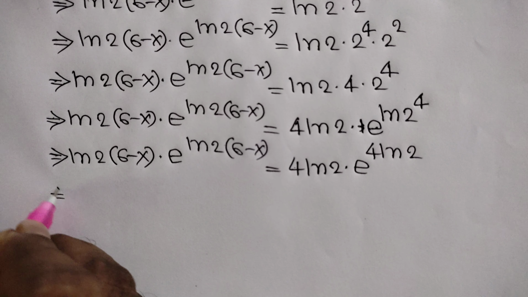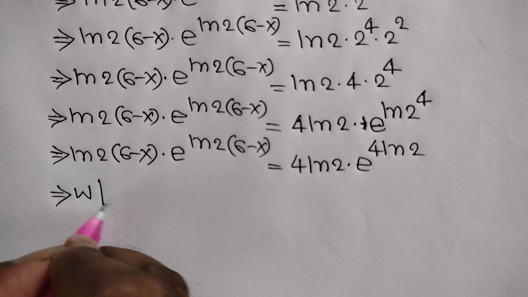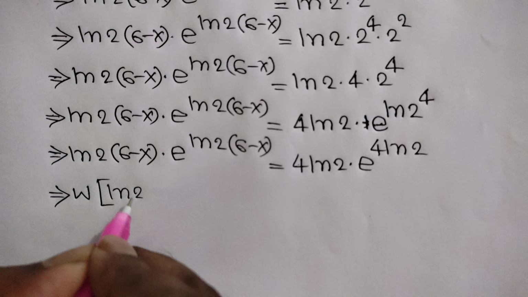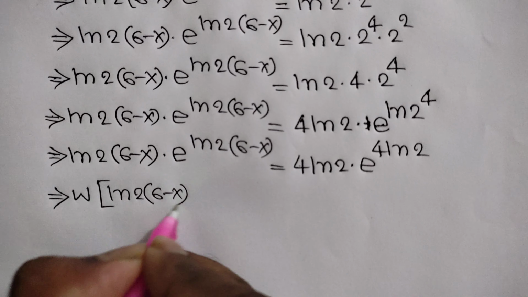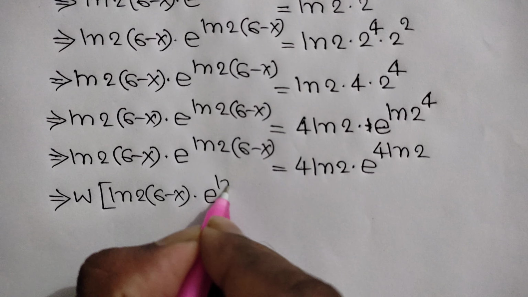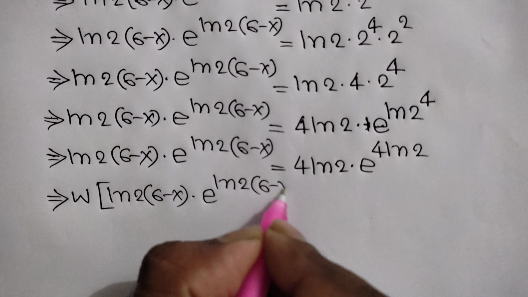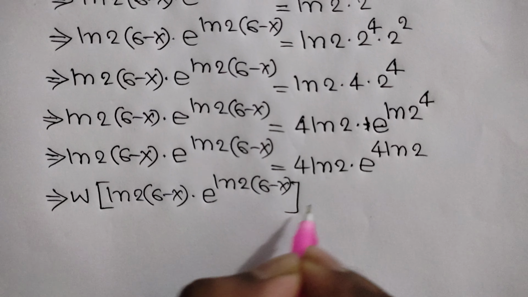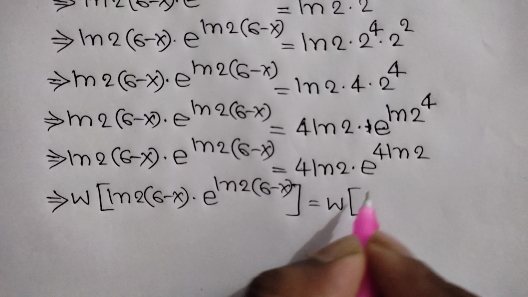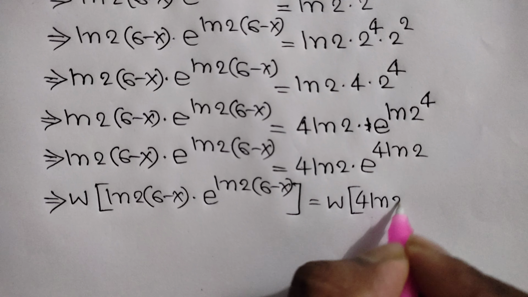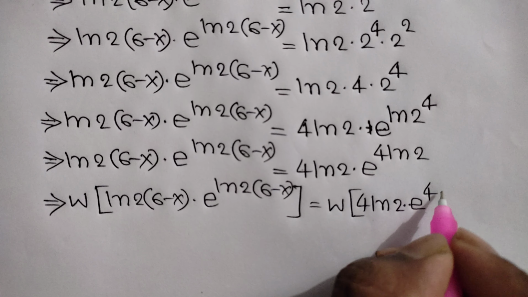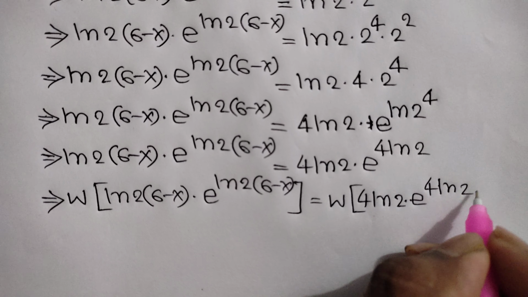We can write W of ln of 2 times 6 minus x times e to the power ln of 2 times 6 minus x is equal to W of 4 times ln of 2 times e to the power 4 times ln of 2.